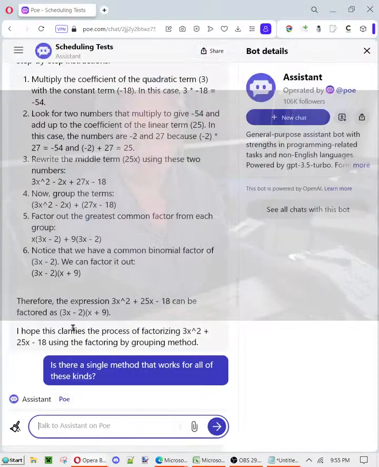Negative 8. Had that format right. 3x squared. So where's the 25 come from? How do you get 25? I get the 3x to the power of 2 because you multiply.